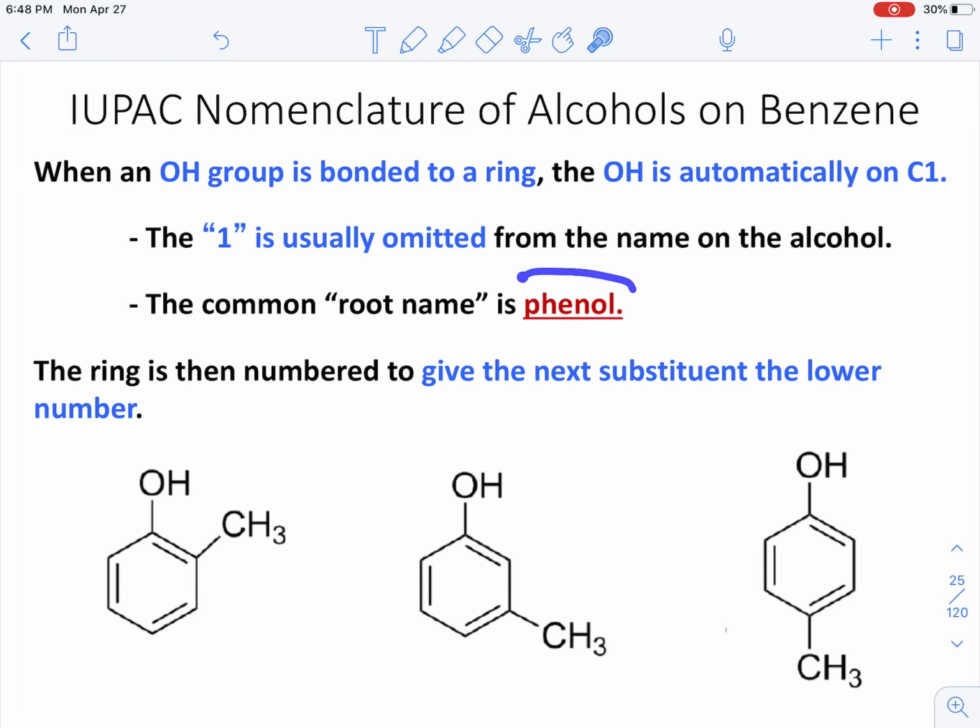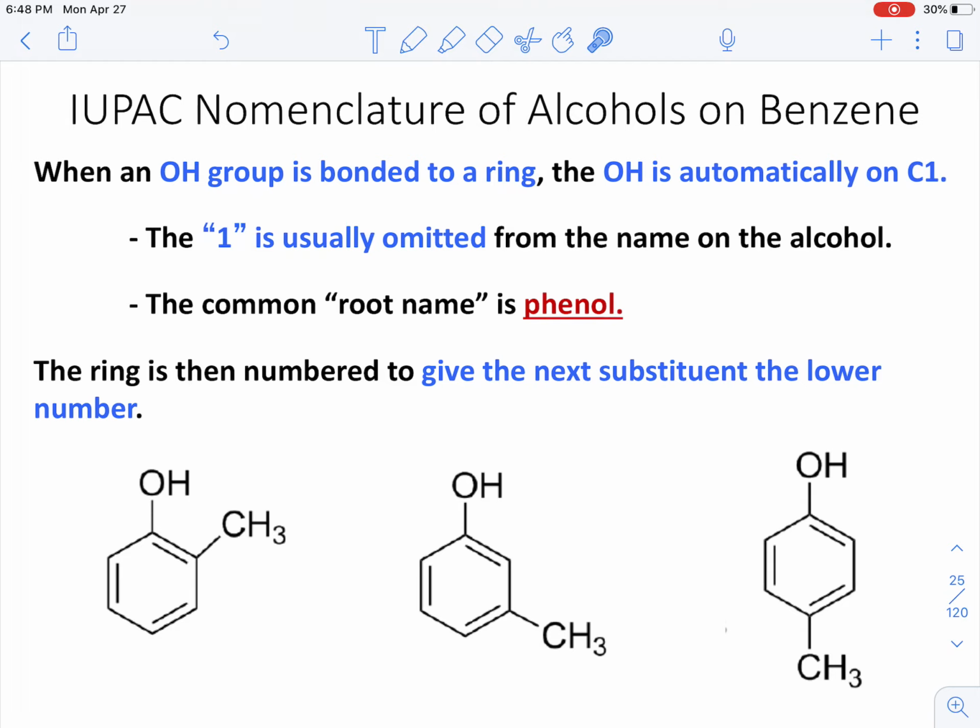Hopefully by highlighting this word phenol, it drums up that concept that we covered in the previous chapter. But we'll still go through the basics to make sure that you remember how to name organic compounds that contain an alcohol on a benzene ring.